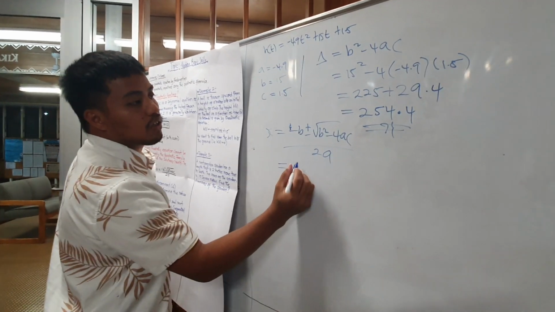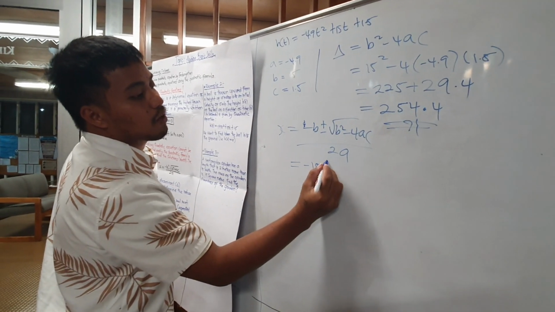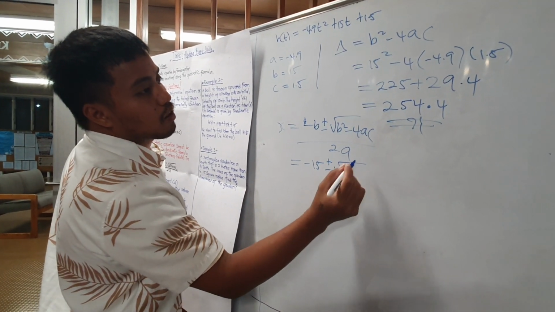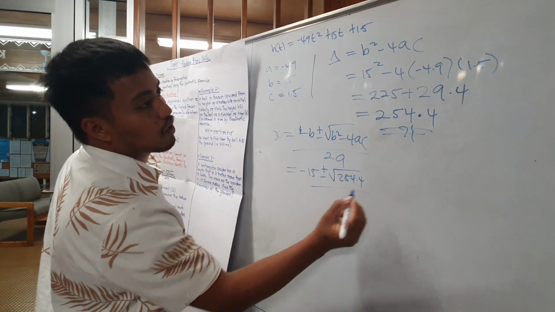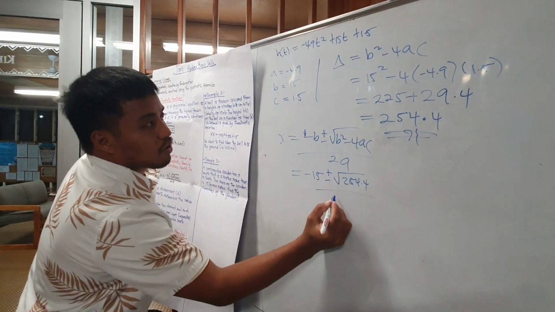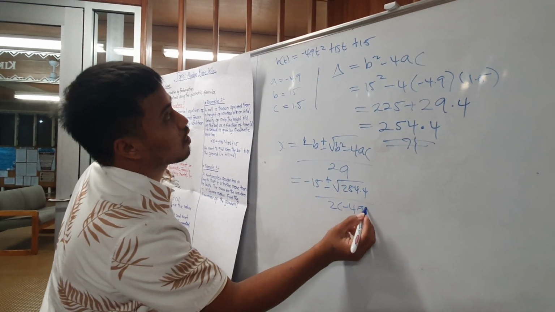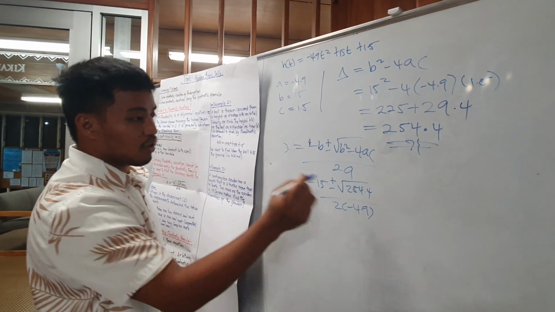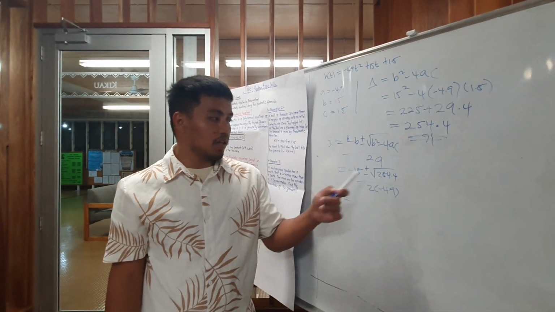So negative p, you have the value of p, negative 15, plus and minus the discriminant value 254.4, over 2 times negative 4.9.